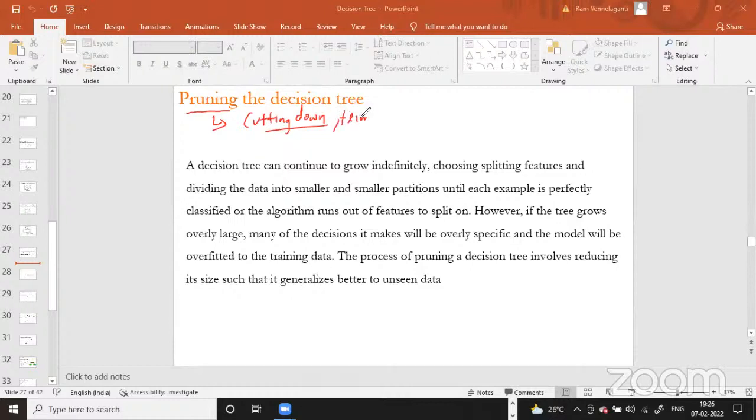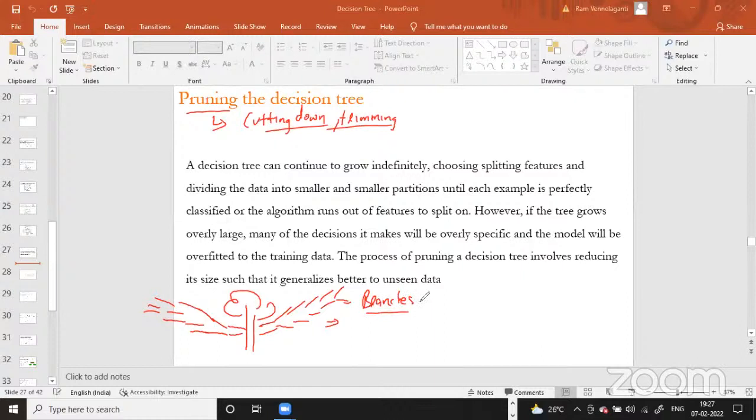So my question to you is, if I allow my decision tree to grow indefinitely like this, what is going to happen? If I allow my decision tree to grow like this, then the branches of my decision tree are going to become weak.